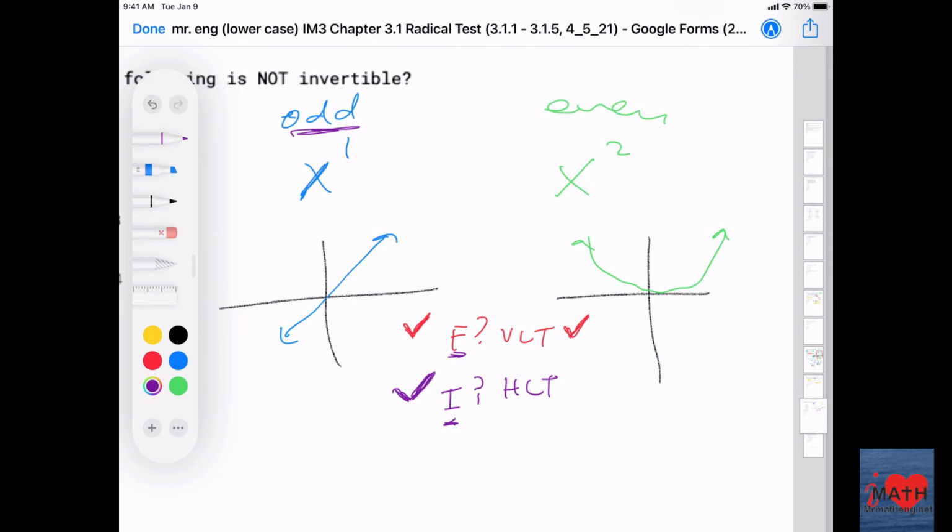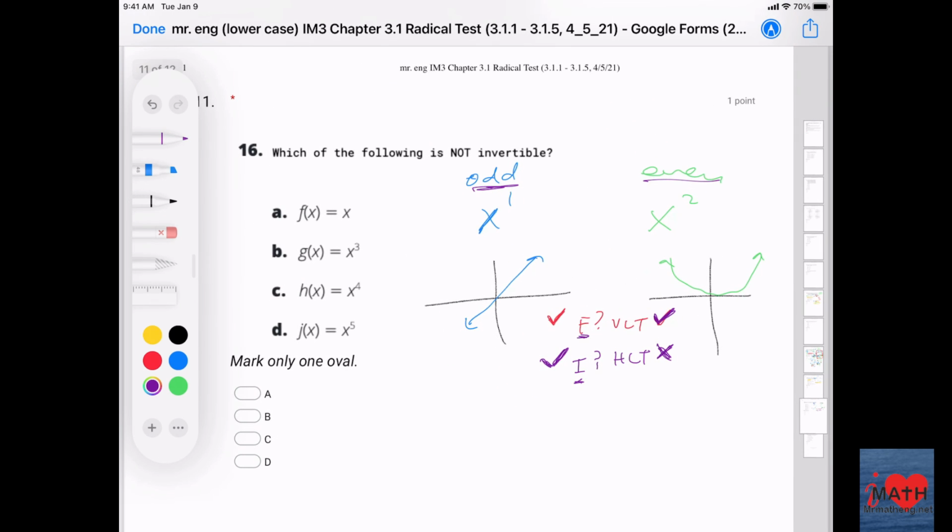Let's look at the evens. If I put it here, it fails because it goes through 2 points. You see this? So that means that every even is a function, but you cannot take the inverse. So let me make it hopefully simple. Which one is not invertible?